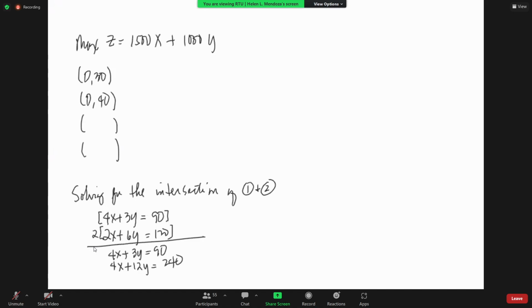So, both are positive, so we subtract. So we have negative 9y is negative, was it 150? Double check na nga, tama ba? So y is, tama, 150 divided by 9. So 16.67.